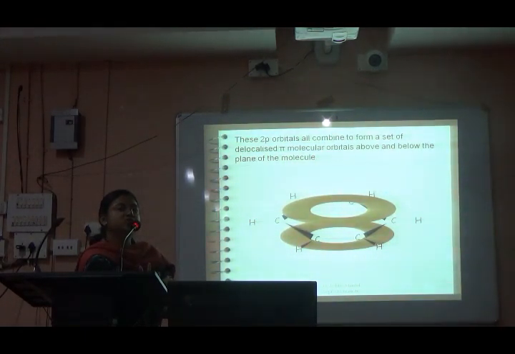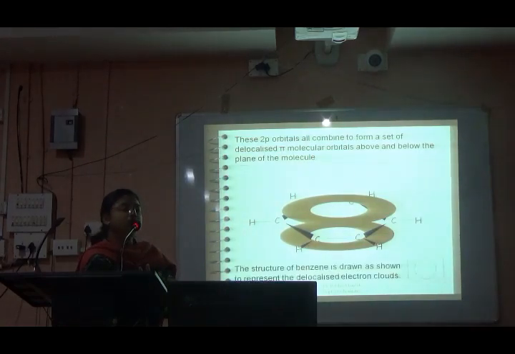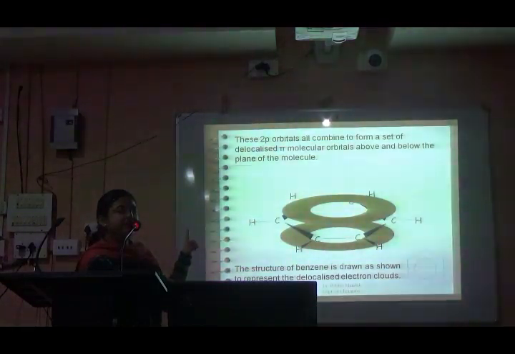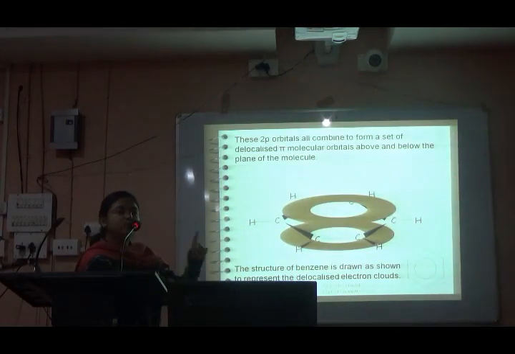And this is what we have in mind when we draw the structure of a benzene ring with a circle inside it. The circle represents that the electrons, each single electron in each of the unhybridized p orbitals, has got the capacity to delocalize or move about the whole ring.